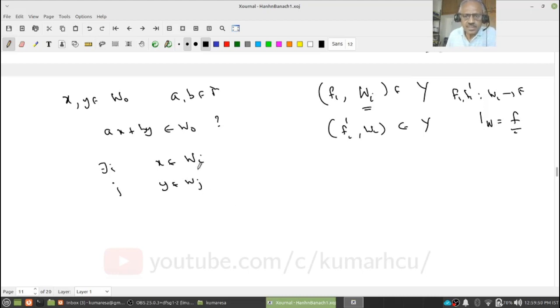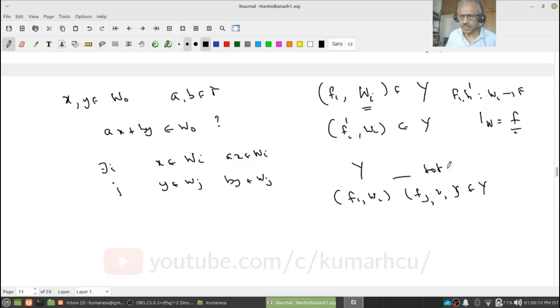Since x belongs to Wi, and Wi is a vector subspace, ax belongs to Wi, and similarly by belongs to Wj. But remember, where do Wi, Wj all lie? They lie in Y, that is (Fi, Wi), (Fj, Wj). They are all elements of Y, and these are totally ordered.